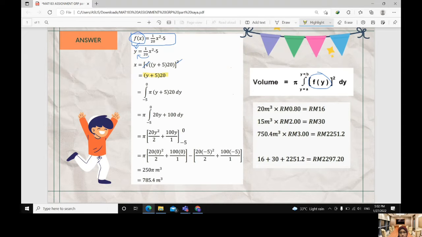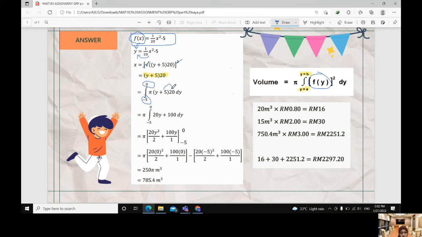And don't forget to insert the values of y equal to b and y equal to a. Both of them we can get from the graph at the y-axis. The values are 0 and negative 5.